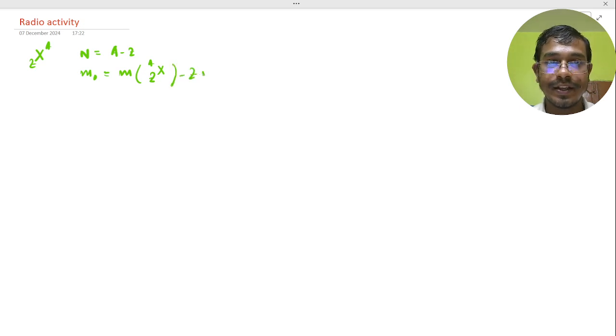And the rest mass energy of the nucleus is mc square, so mass of ZXA minus Z me into c square.